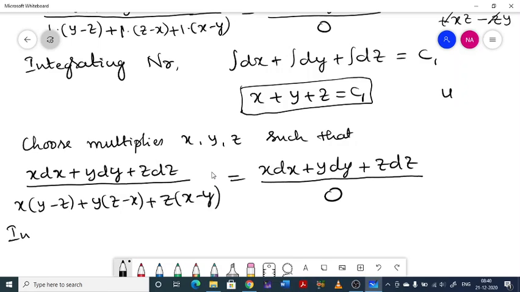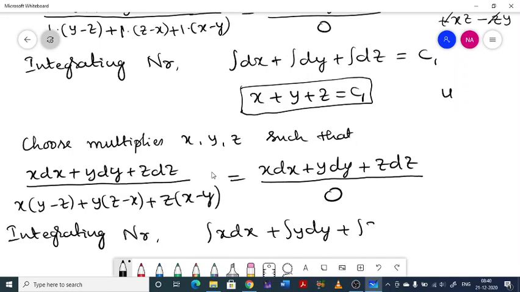Integrating the numerator, so I'll get integral x dx plus integral y dy plus integral z dz equal to C2.